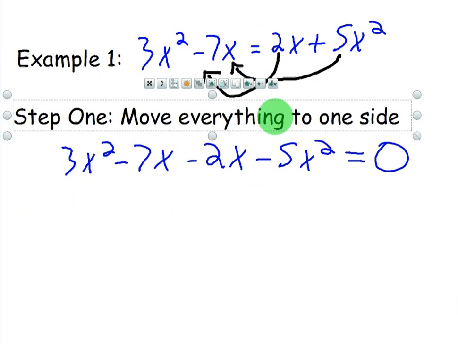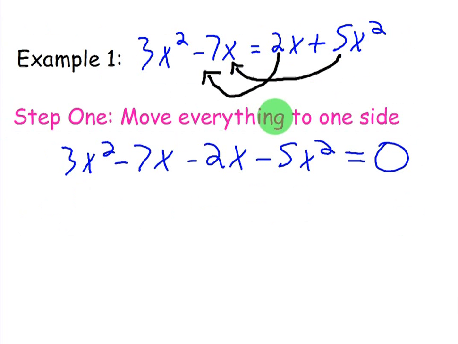First step you're going to do is move everything to one side. By the way, even if it does have a constant term, you still move everything to one side. Even if you forget, when you move everything to one side, there will be a 0 on the right. That is correct.